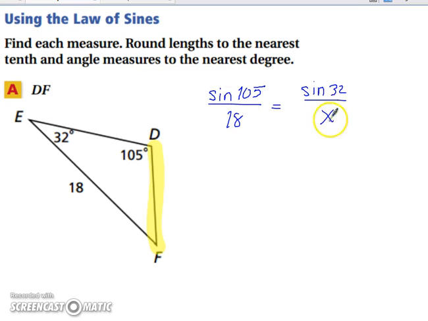In this case, we're going to cross multiply. So we have x times the sine of 105 equals our sine of 32 times 18.